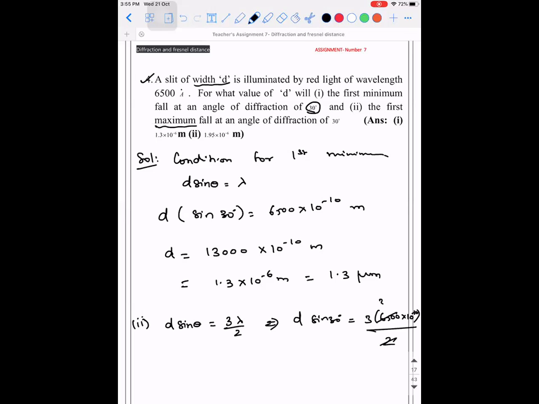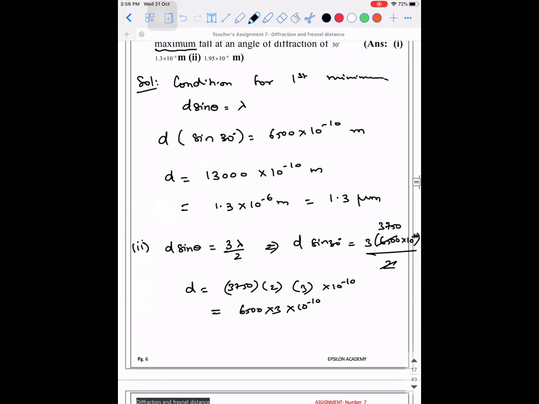So this will be 3750. So d will be 3750 into 2 into 3. Actually, I could have cancelled the 2. So it will be 6,500 into 3 into 10 power minus 10. So is it 195? 19500 into 10 power minus 10.